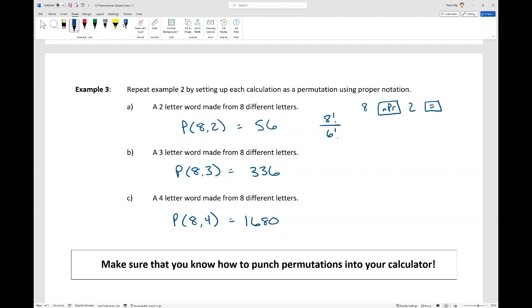So it's just 8 times 7. And likewise, this is n factorial over (n minus r) factorial, and this one is 8 factorial over (n minus r) factorial. All right, that's pretty much all it is to doing these questions on your calculator. Know how many objects you have and how many you want to pick in order.